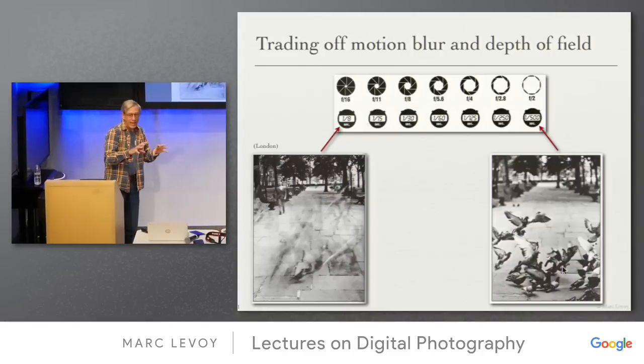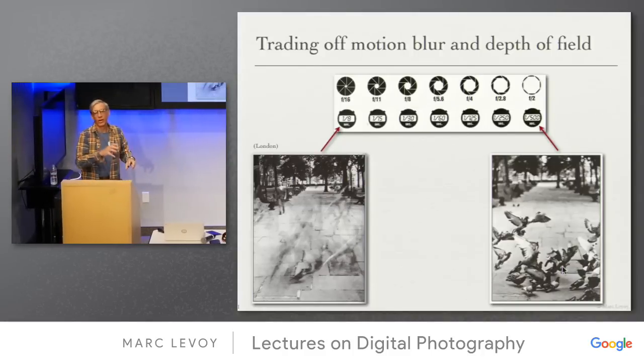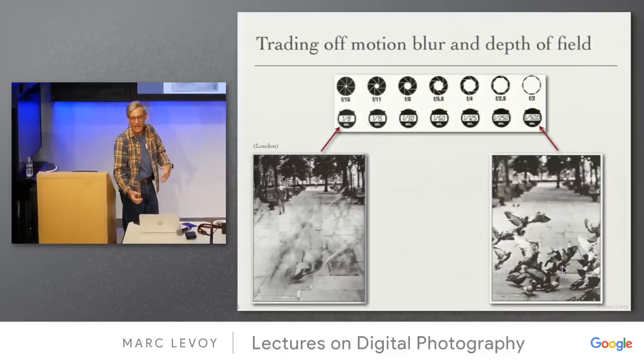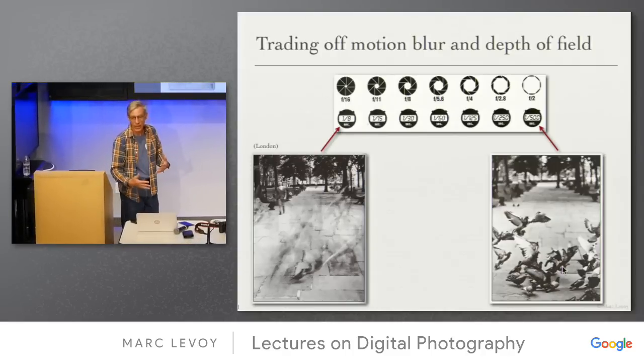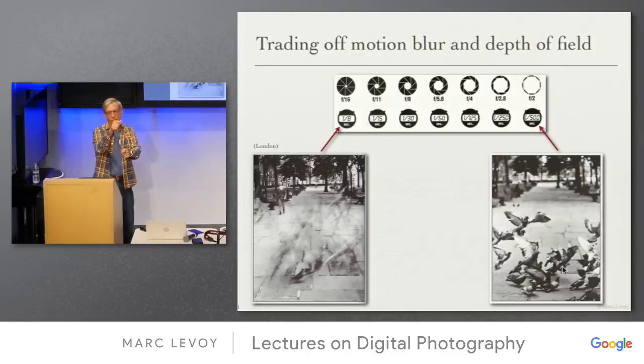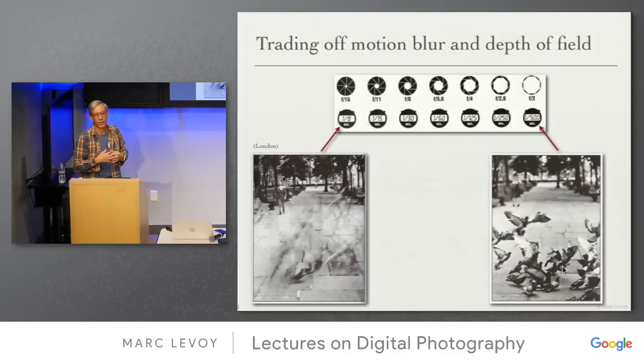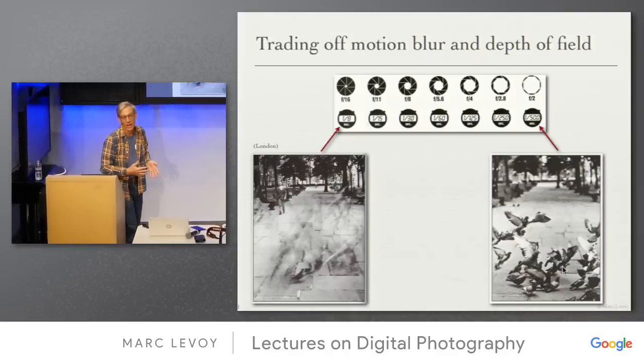All right, so those two side effects of freezing the motion and depth of field allow you to trade off those two effects by choosing combinations of shutter speed and F number that give you the same total irradiance falling on the sensor. That is the fundamental trade-off in photography.